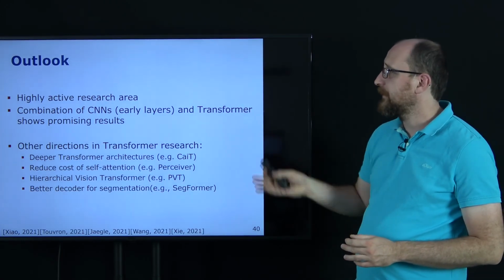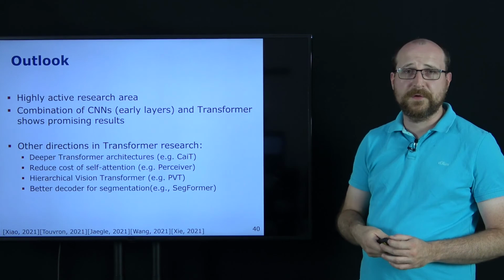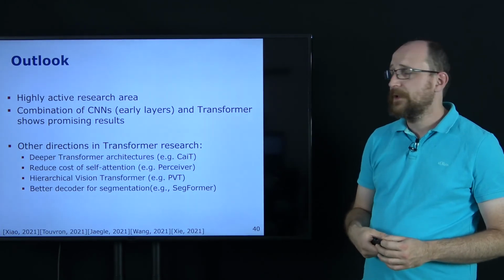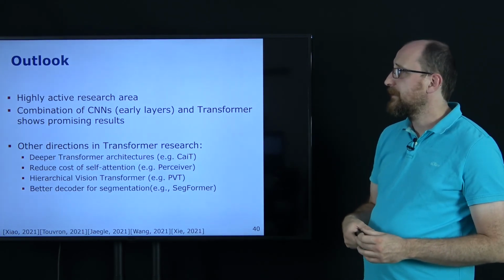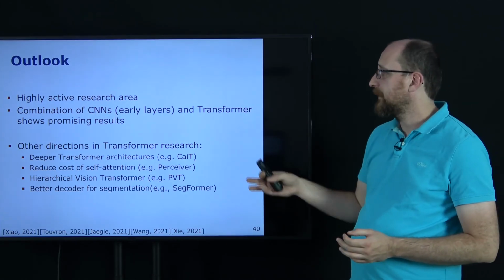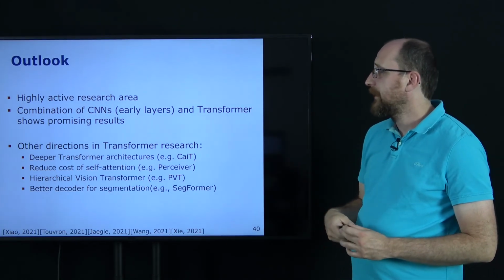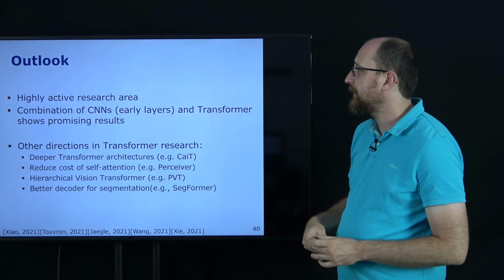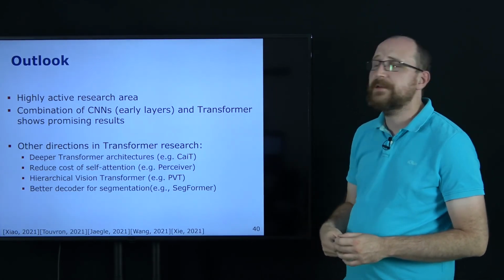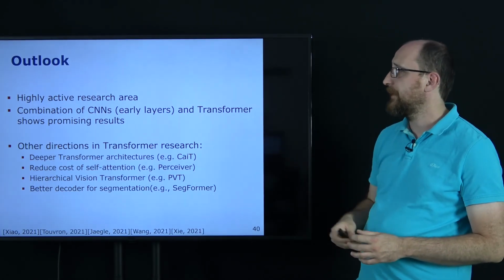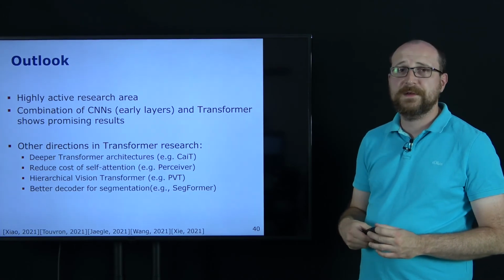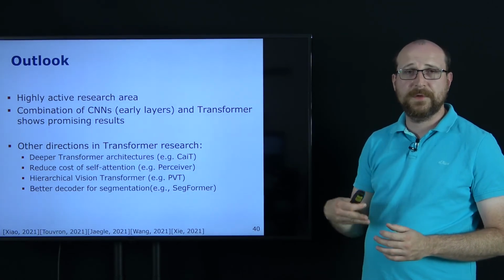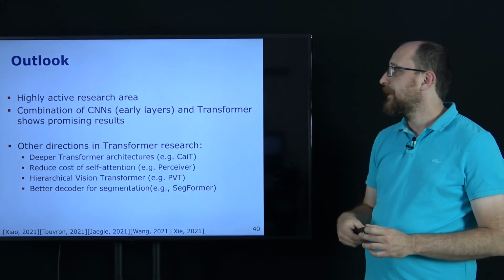For instance, combining CNNs with transformers is of course the natural thing. Maybe we can combine here, in this paper from Xiao et al., CNNs in the early layers with transformers in the later layers, and then getting very promising results, also in terms of training stability.